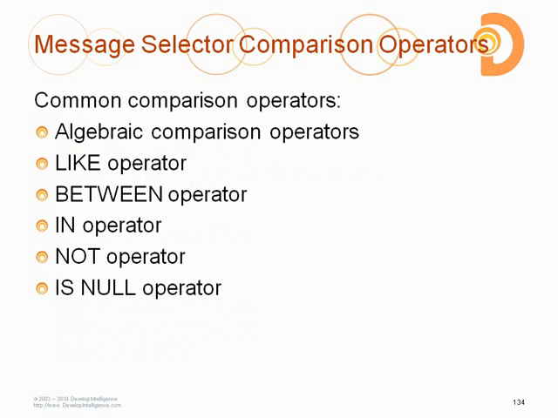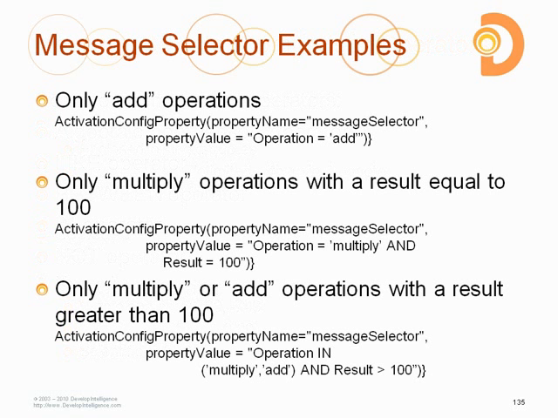So a couple more concrete examples to look at. This one says, hey, if the value of the property named message selector is add, then I'm going to go ahead and process the message. This one says, hey, if the value of the property operation is multiply and the value of the property result is 100, then I'm going to process it, right?